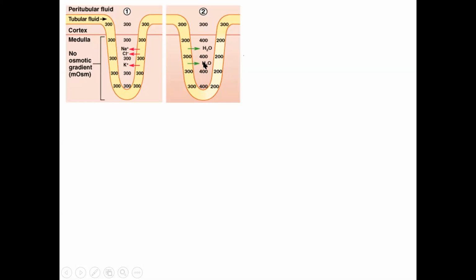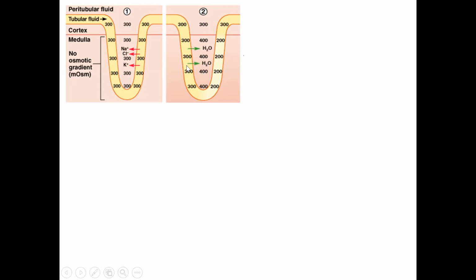And because this area around the tubular structure, now the concentration increased from 300 to 400, and the filtrate coming in is only 300, okay? So now, which side has more water?